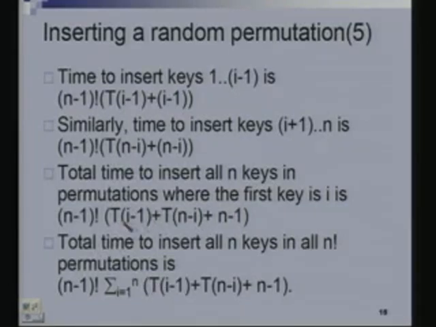It is just the sum of this quantity as I goes from 1 through n, because the first key can be 1 or 2 or 3 or whatever. So, it will be just n minus 1 factorial times the sum, where I goes from 1 through n, of this quantity. Are there any questions till this point?